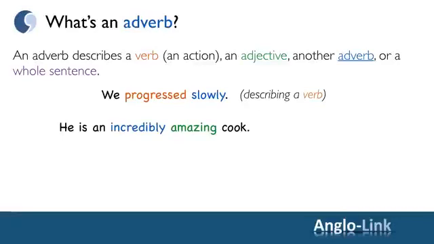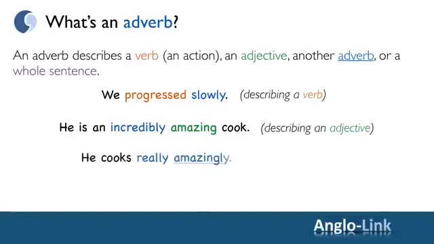He is an incredibly amazing cook. Here, incredibly is an adverb that tells us more about amazing, the adjective. He cooks really amazingly. Here, really is an adverb telling us more about another adverb, amazingly.